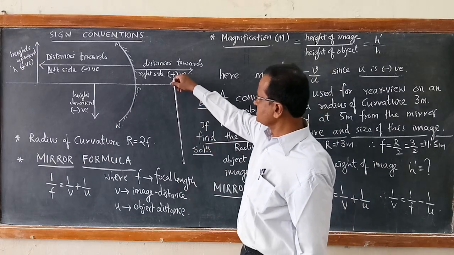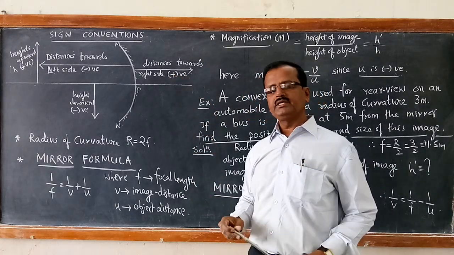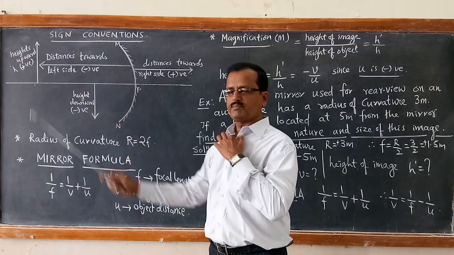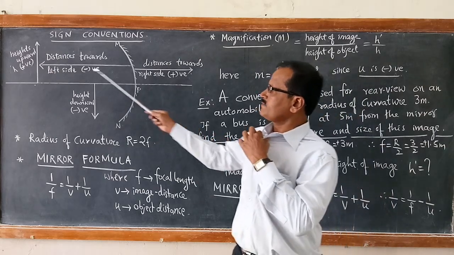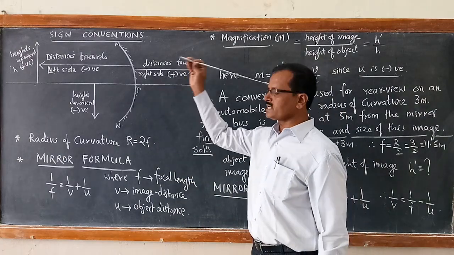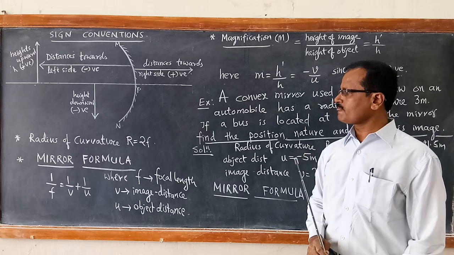Like suppose the image is formed downward like this, so this height of the image is taken as negative. So heights upwards positive, heights downwards negative, distances towards the left side negative, distances towards the right side positive. These are the simple sign conventions.